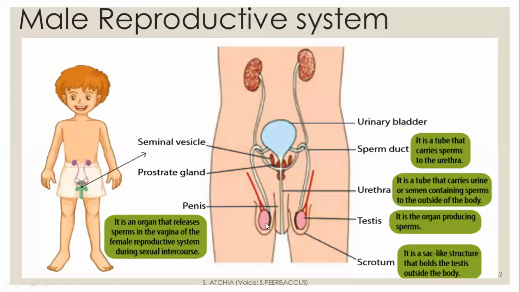After maturation, the sperms travel up the sperm duct all the way from the testis, and before joining the urethra, secretions produced by the seminal vesicle and the prostate gland mix with the sperms to produce a fluid called semen, and it is this semen which will be released during ejaculation through the urethra.